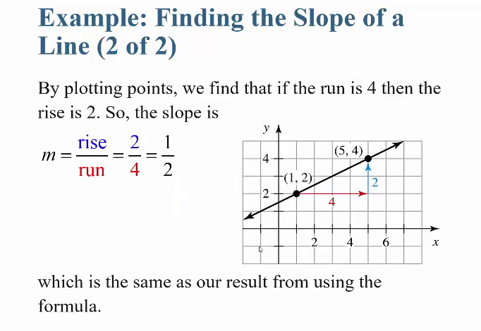By plotting these points, we find that if the run is 4, then the rise is 2. Let me show you. When we plot the points 1, 2 and 5, 4, to go from 1, 2 over to 5, 4, I have to run 1, 2, 3, 4 points and then rise 2 points, which is the same as the result we got from using the formula.